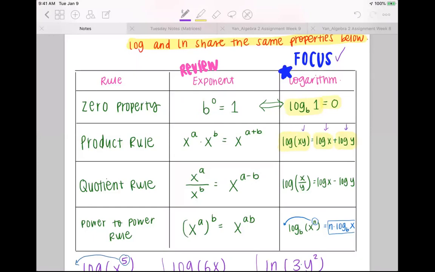And then the next one, if I have division, kind of the same as the top, we call this quotient rule, but we split it into 2 logs, but we put a minus sign in the middle. Okay, so keep in mind, if it's multiplication, this is add. If it's division, this is subtract.